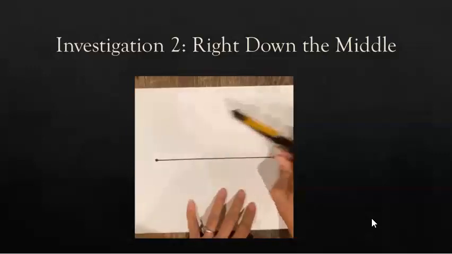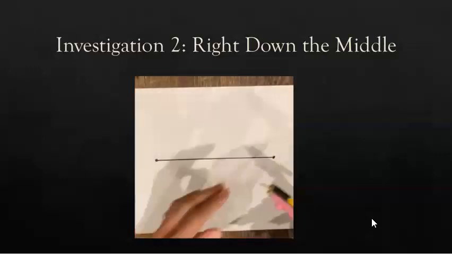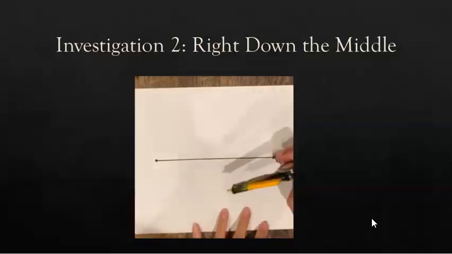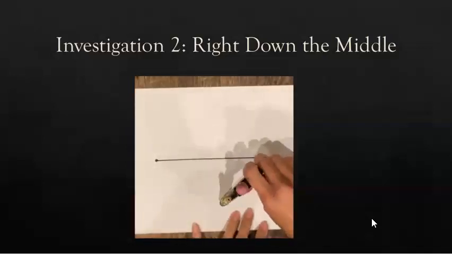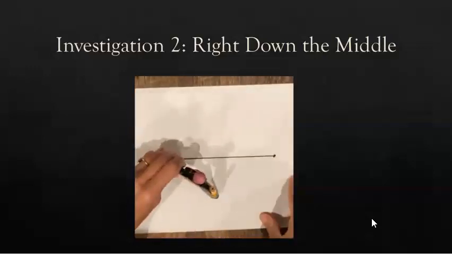I'm making the first one at the top. I left my compass setting the same to do it from the other endpoint. Now, I've changed my compass setting to come below, but you could keep it the same. And then I mark from the other endpoint.